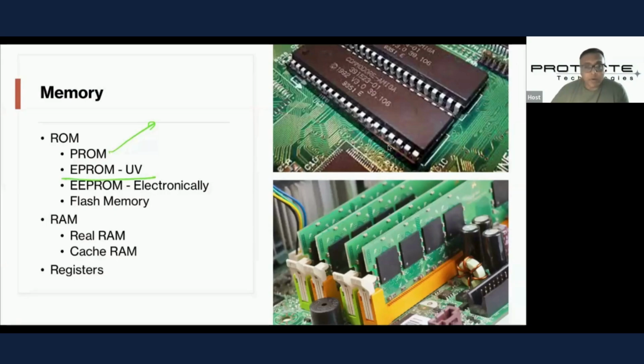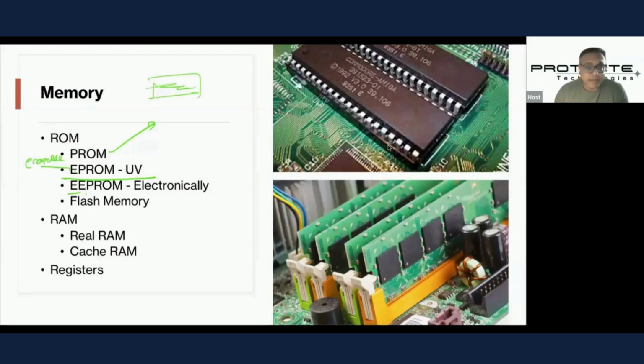Then you have something called EPROM, which is erasable programmable read-only memory, erasable by UV light. You flash a UV light on the device, the memory gets erased and then you can write it again. Then you have EEPROM, electronically erasable programmable read-only memory.